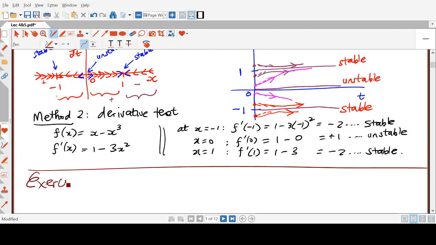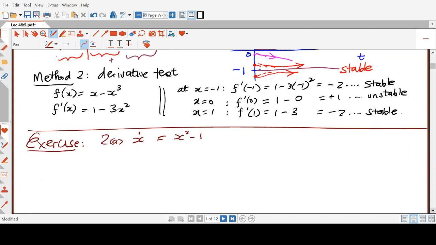Exercise, you try out 2a, which is x dot equals x squared minus 1. You need to classify the equilibrium points there. I think you can do that from your head. And then when you get a bit confident, you try out the other one, which is x dot equals x minus x cos x.